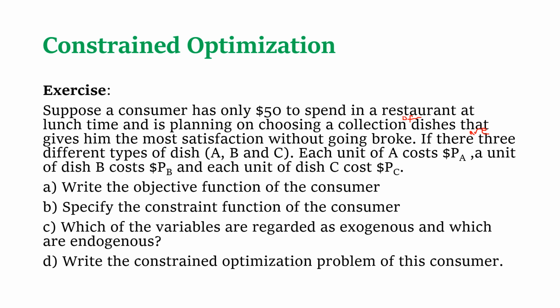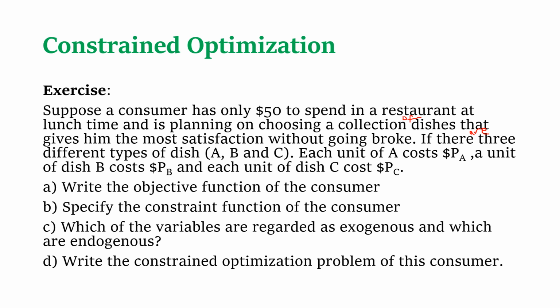Now they say write the objective function of the consumer, specify the constraint function of the consumer, which of the variables are regarded as exogenous and which are endogenous. Write the constraint optimization problem of this consumer. So what do we need to do here? Now the consumer has only $50 to spend.